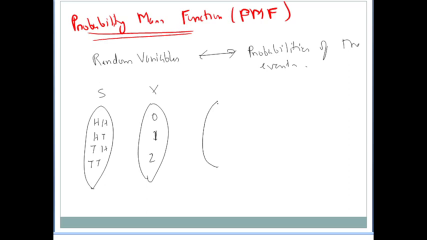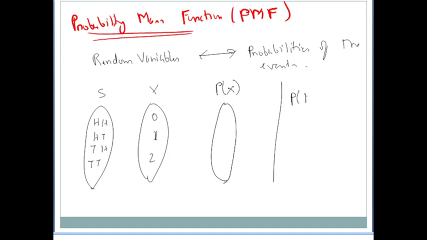Now let's write here the probabilities of the respective events, denoted by P(x). The probability of one head: in the sample space we can see that one head is obtained twice, therefore this will be 2 by 4, which is half. The probability of two head will be 1 by 4, and the probability of 0 head will be 1 by 4 as well.